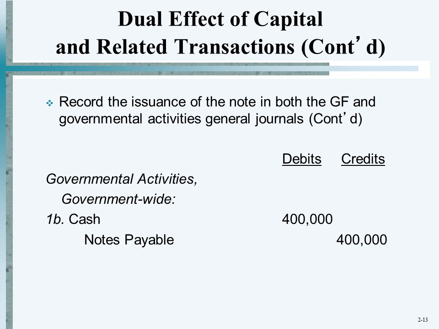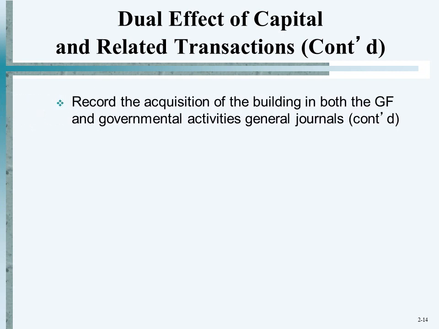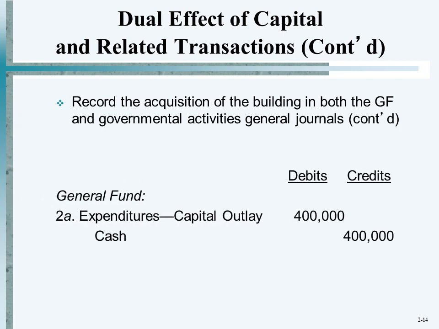You'll notice a lot of these governmental activities entries in the government-wide journal are going to look a lot like what you're used to. It's the general fund and these governmental funds and proprietary funds that are going to look different in terms of the accounts that you're debiting and crediting. Here we have some additional transactions.